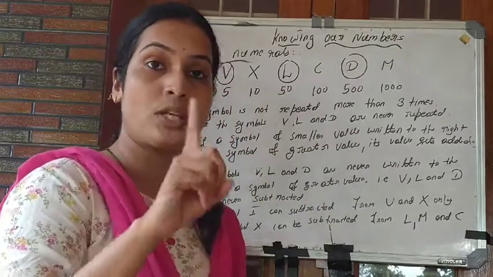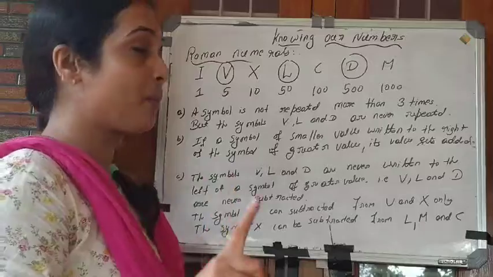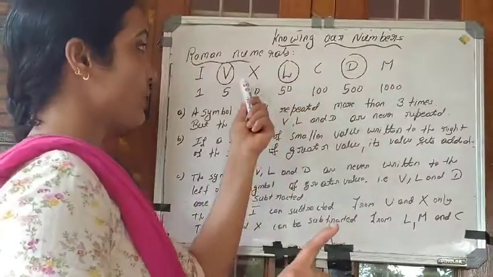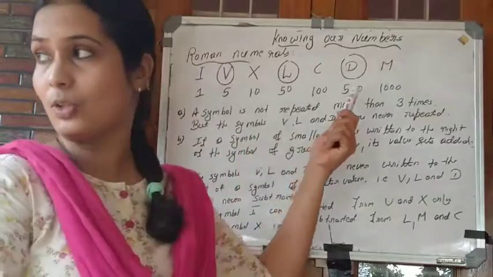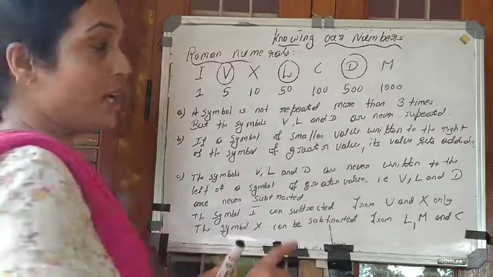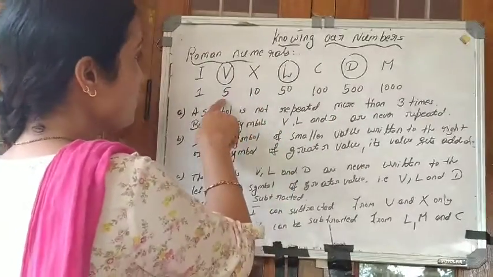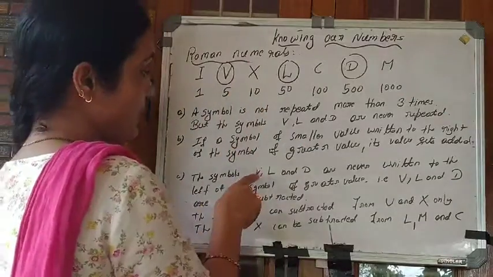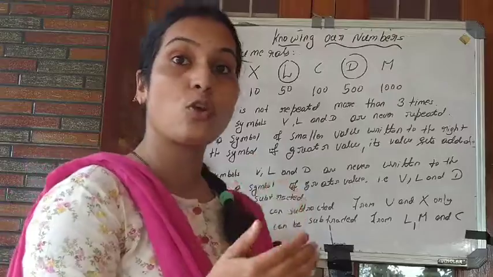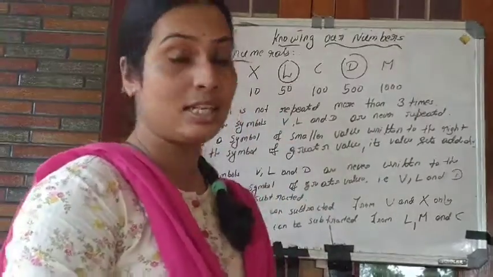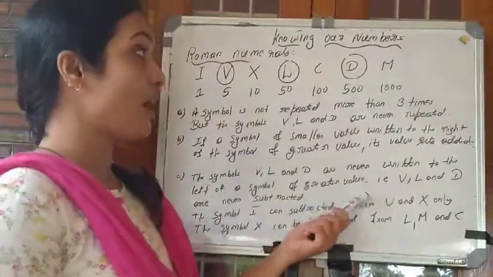They should be repeated only one time in each number. So again there is a rule for this: V, L and D are never written to the left of a symbol of greater value, and should not be repeated.